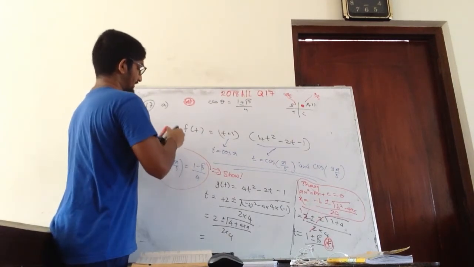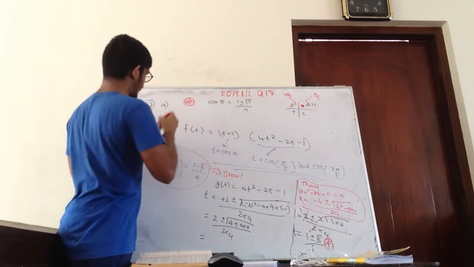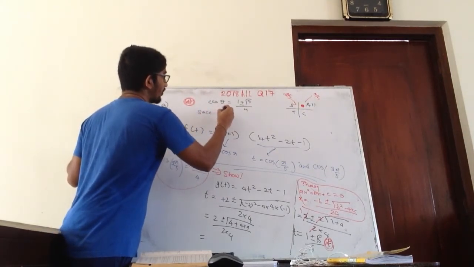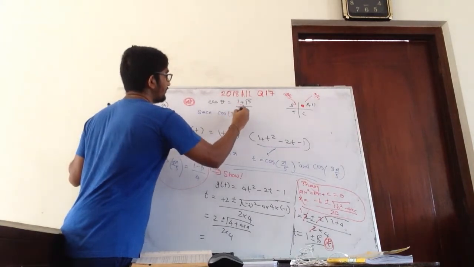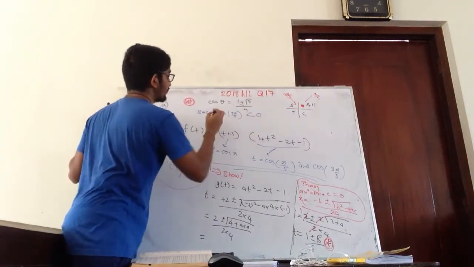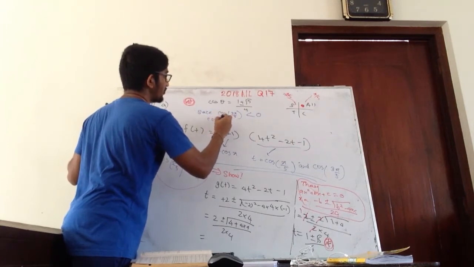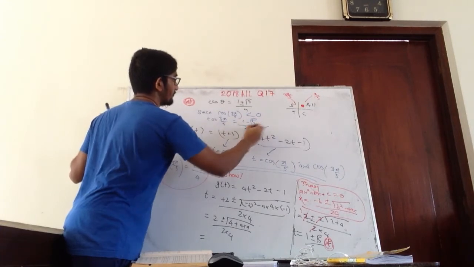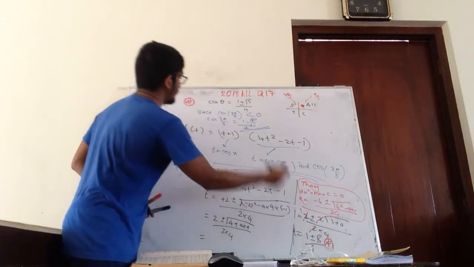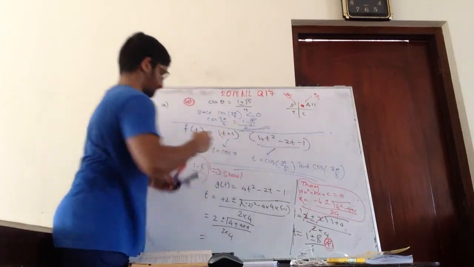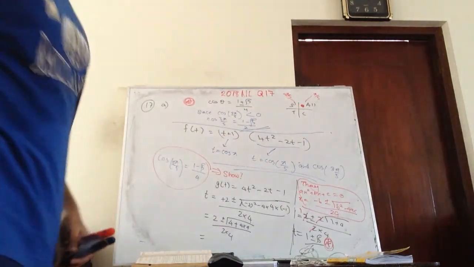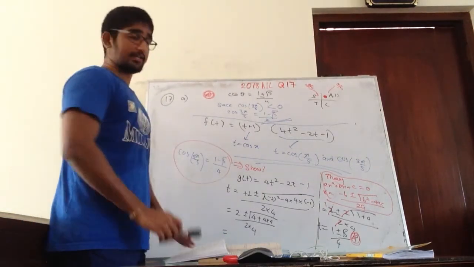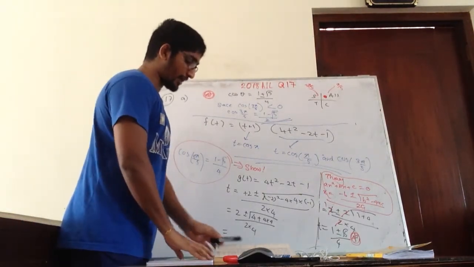Therefore, since cos 3 phi over 5 is less than 0, we can say cos 3 phi over 5 is 1 minus square root 5 over 4. Right, so here then you come up to here. Alright, so now we are going to part B.